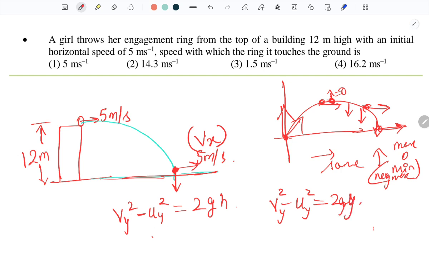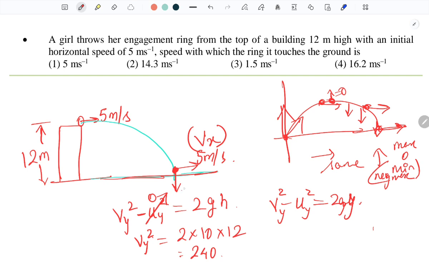So Vy square minus Uy square equals 2gh. Uy is not there because she throws horizontally. There is no vertical component at the start, so Uy becomes 0. So I can directly get Vy square. Vy square will be 2 into g, let us take 10, into height 12, so you get 240.